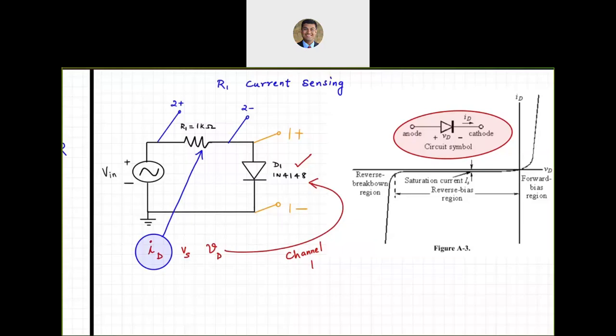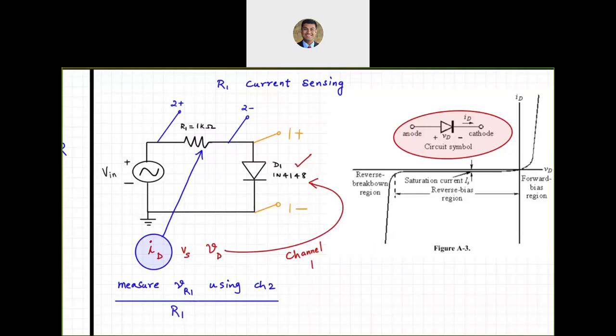We do that by measuring the voltage across the resistor, VR1, using channel 2 of the oscilloscope, and then dividing by the value of R1, which is 1K.